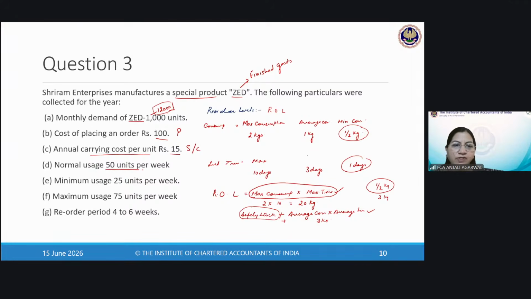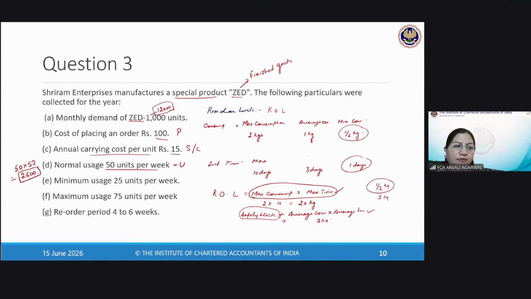Normal usage is 50 units per week. Now, how many weeks are there in a year? 50 into 52. This figure comes out to be 2,600. That's the usage that we are interested in. We are not interested in 12,000. We are interested in 50 units per week and 50 into 52.